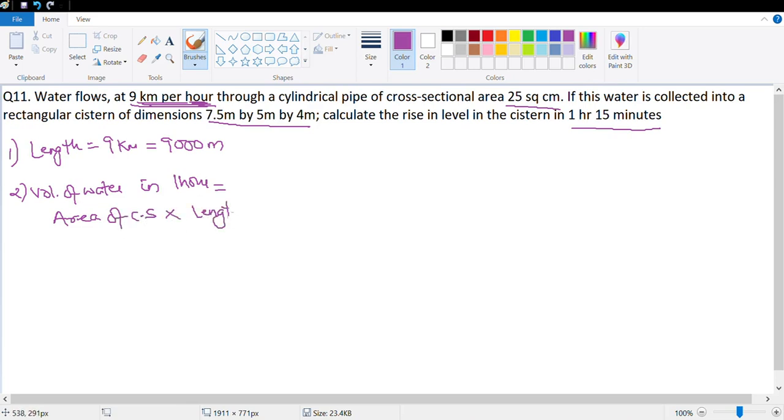Now area of cross section is given in square centimeter. This we've converted into meter, so we'll have to convert this into square meter as well. That will be 25 upon 1 with 4 zeros multiplied with length, which is 9,000 meter cube.